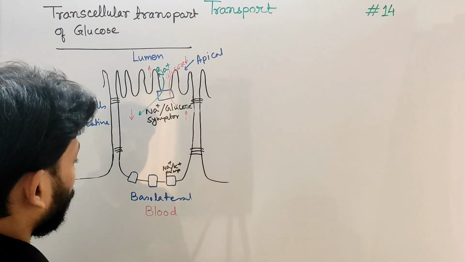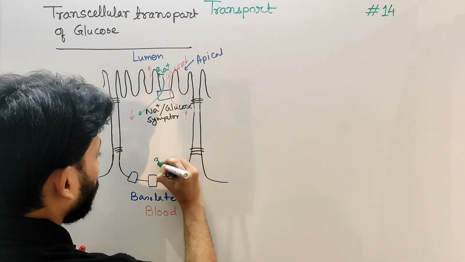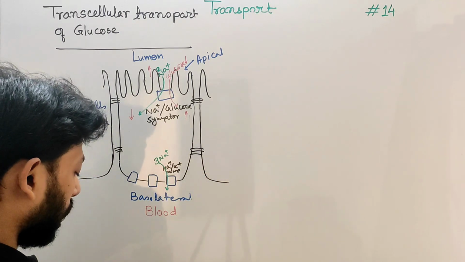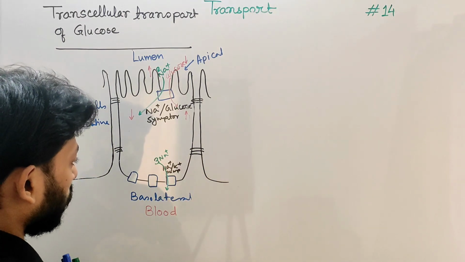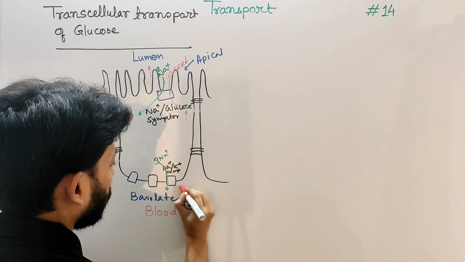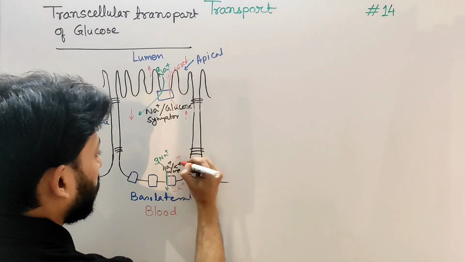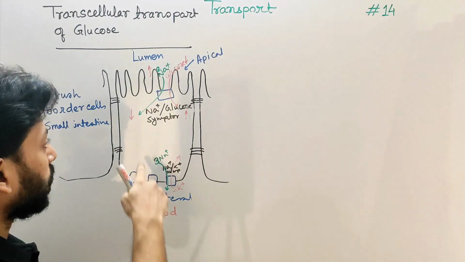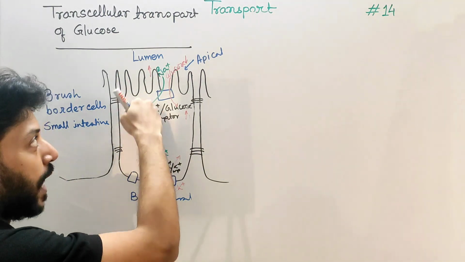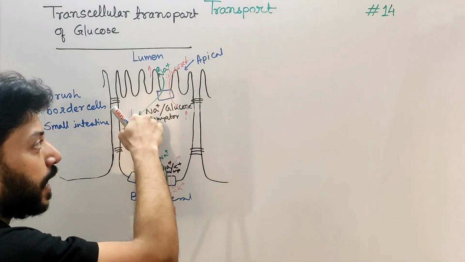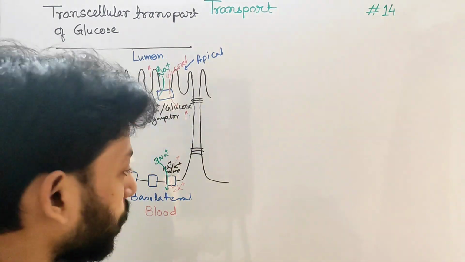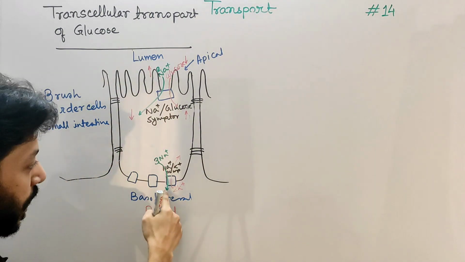Three sodium ions are exported out of the cell and two potassium ions are imported. As you can see, sodium ions are moving out of the cell, so the concentration of sodium remains low, and that's why sodium can enter inside the cell because of the presence of dietary sodium chloride, the salt. So sodium comes out.